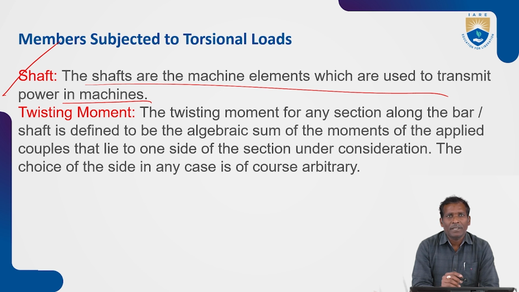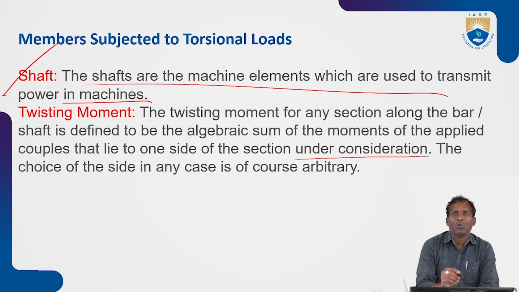So twisting moment for any section along the bar or shaft is defined to be an algebraic sum of the moments of the applied couples that lie to one side of the section under consideration. So the choice of the side in any case is of course arbitrary.